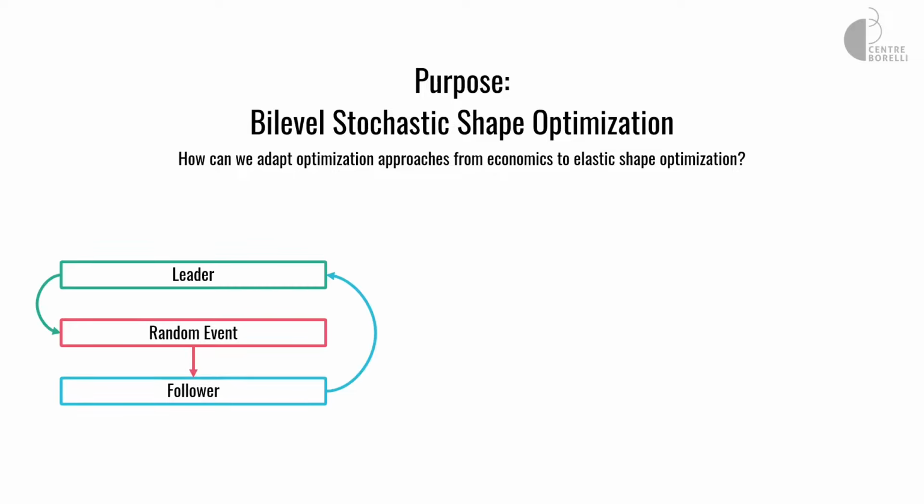And concretely here, we looked at something called bilevel optimization, where you envision multiple actors in a system. You have what's called a leader, in this case in bilevel stochastic shape optimization. So we have a leader who makes a decision. It could be a policymaker, for example, like the government creates a law.